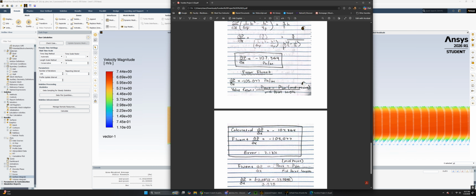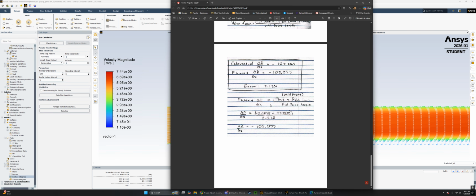So yeah, this is basically just going over the values from Fluent, and the theory behind this is where we're taking the midpoint pressure minus the inlet pressure over the distance between them. And we get this, and we can do the error calcs between them, and it's only 2.13% error, which is pretty close.